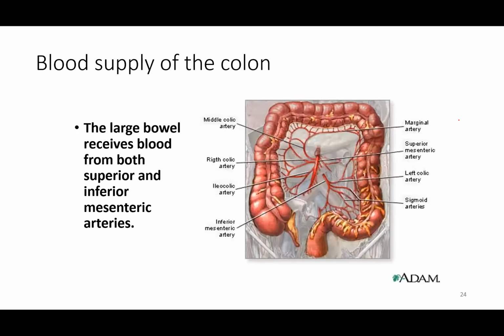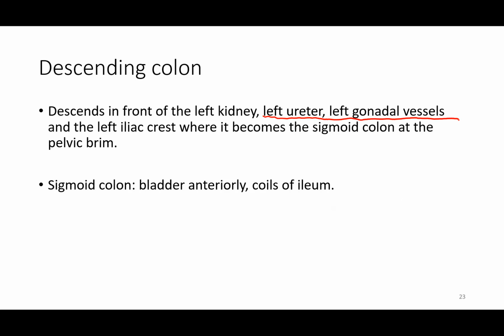And don't forget, this sigmoid colon has a mesentery. Now, the sigmoid colon is related to the bladder anteriorly and the coils of the ileum.